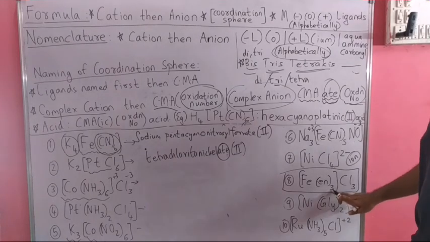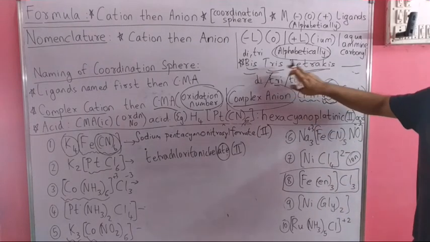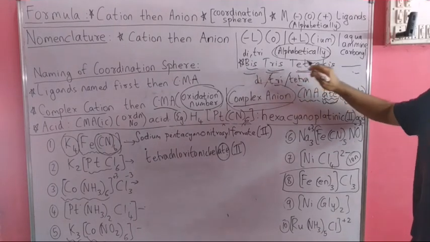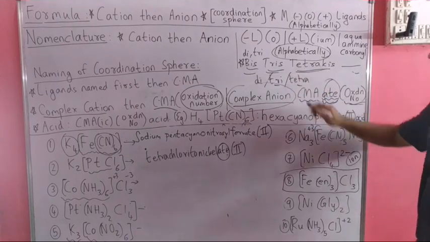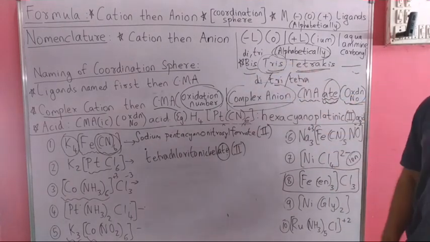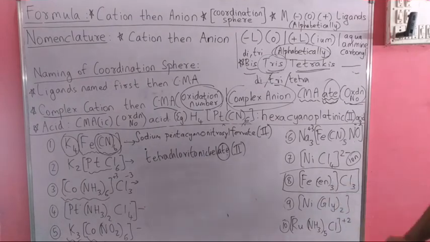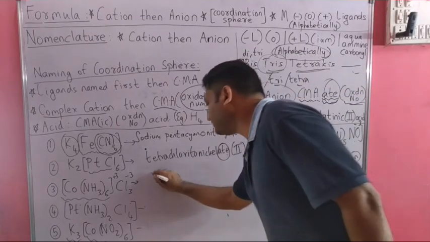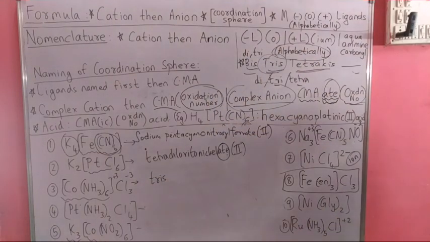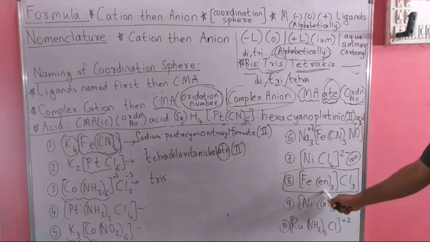So instead of tri, we will write bis, tris, tetrakis. Bis means 2, tris means 3, tetrakis means 4. So in this case we have 3 ethylene diamine, so we will use the prefix tris. So I will write the name of this compound as tris, referring to 3 ethylene diamine groups as ligands.